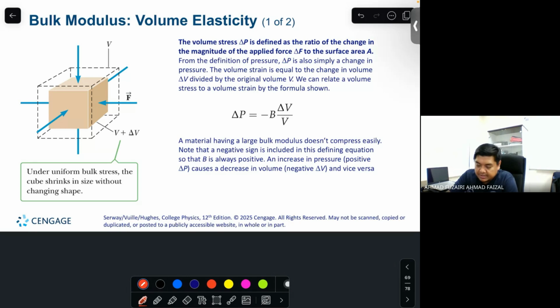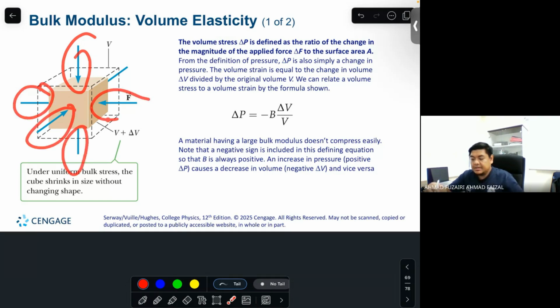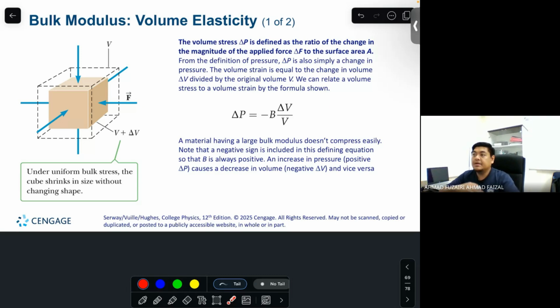This is the cube, which should have six faces: 1, 2, 3, 4, 5 and 6.